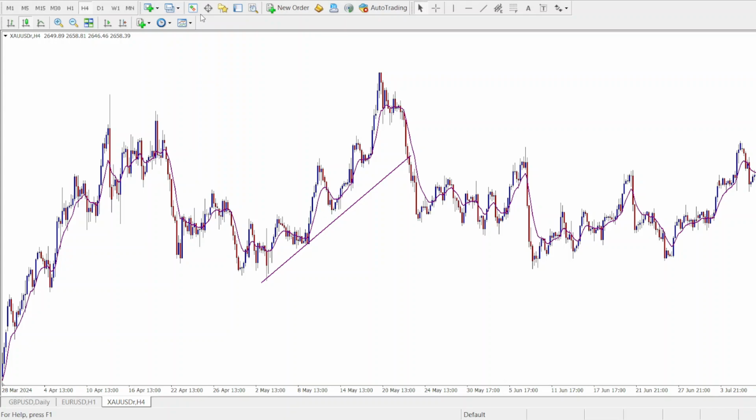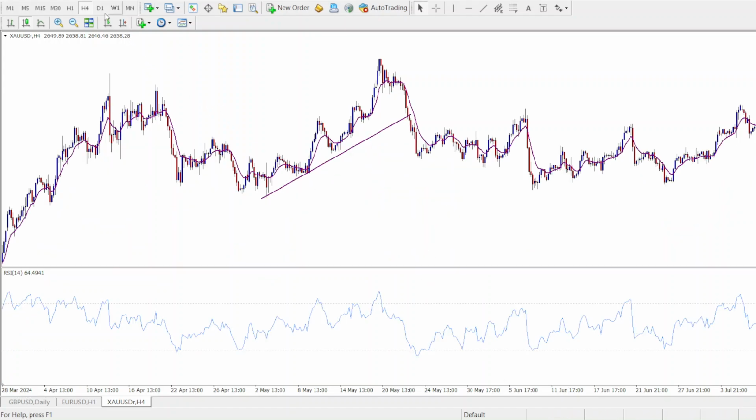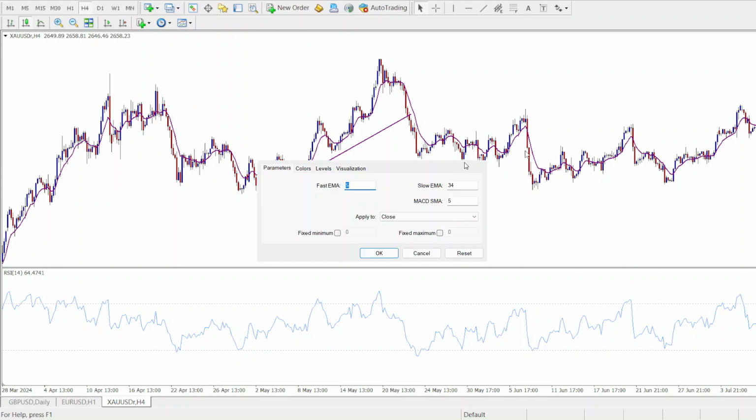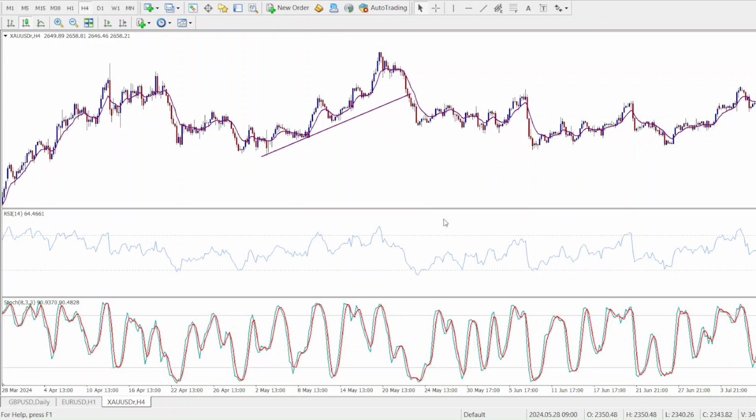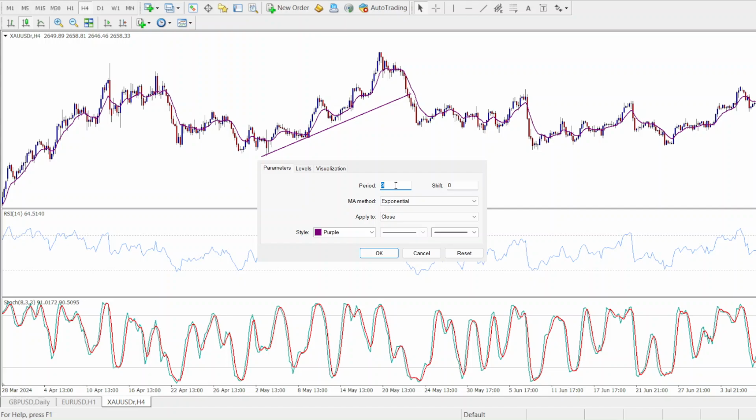I've already added the moving average. Let's add the RSI. Let us add the stochastic. Sorry, not MACD, I want to add stochastic instead. Let's add stochastics, and let's add another moving average with a different period. This is 21.